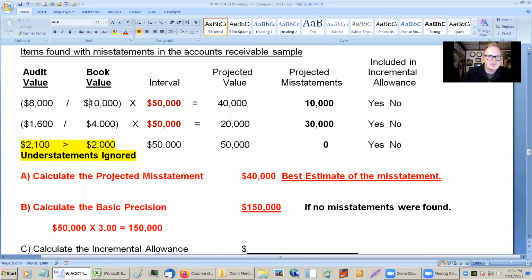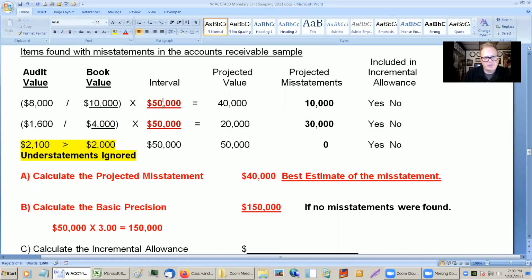Now, as long as the book values are less than the intervals, they will go into the incremental allowance. Now, this one's worth 10,000.